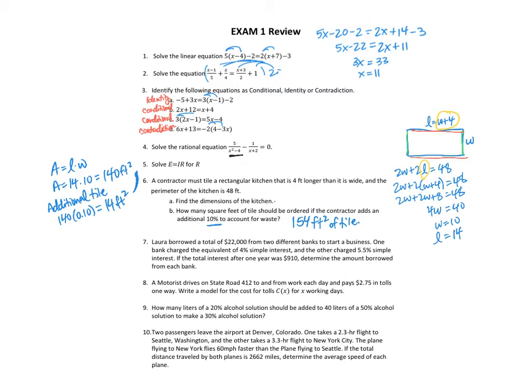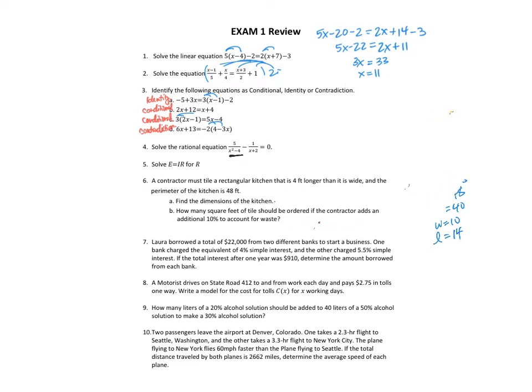Okay, so the next one says Laura is borrowing money, and she's borrowing a total of $22,000 from 2 different banks to start a business.